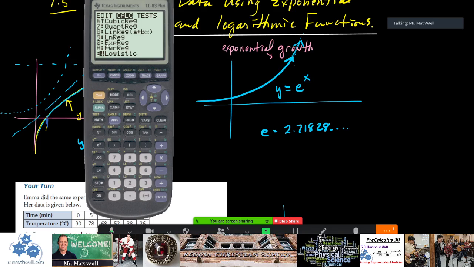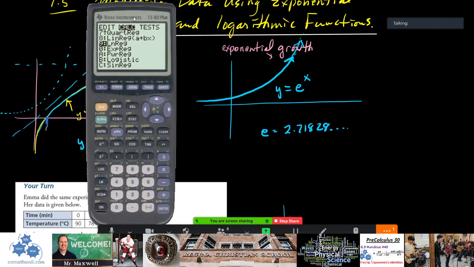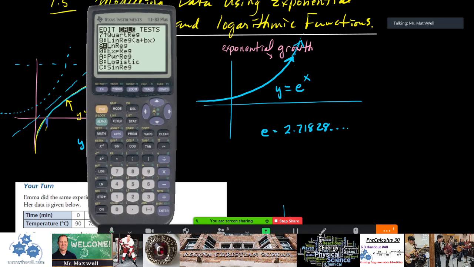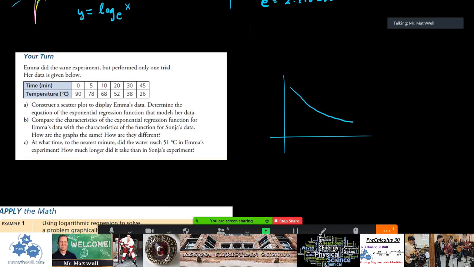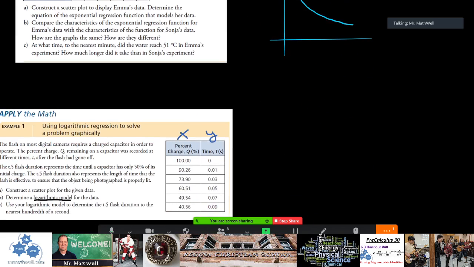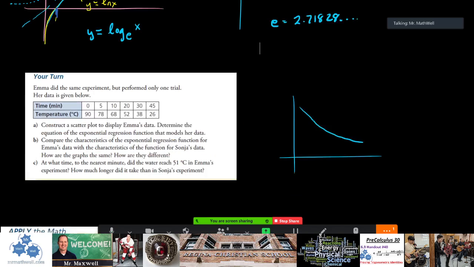The reason why we learned about ln is because this is the log function, ln regression, natural logarithm regression, not logistic. So you want to use ln reg for your natural logarithm. Logistic is a different shaped graph altogether. If you take calculus with me, we'll talk about logistic functions.